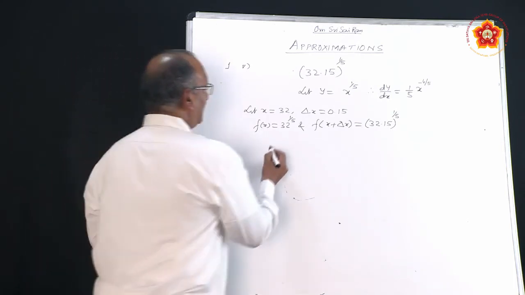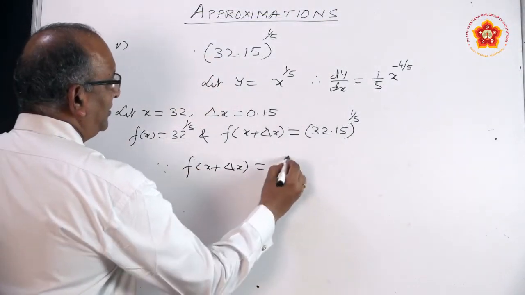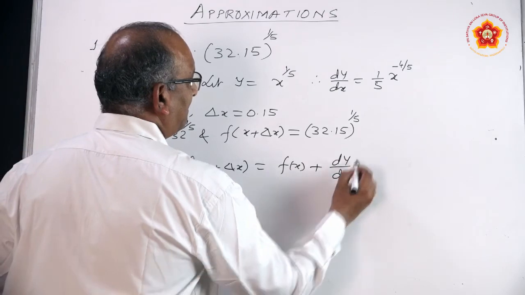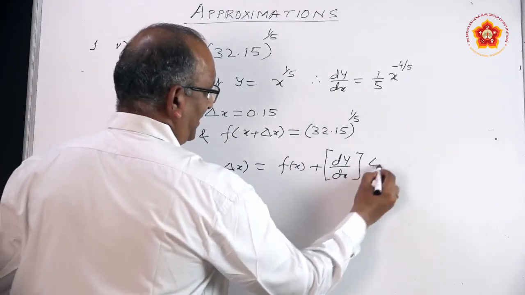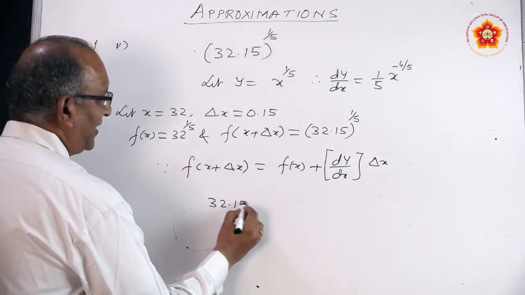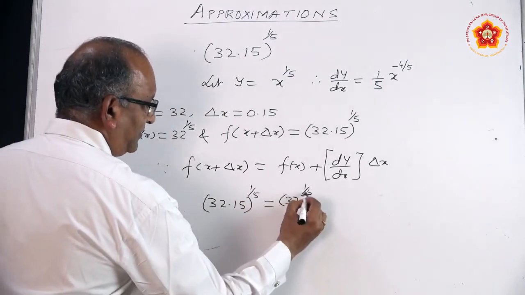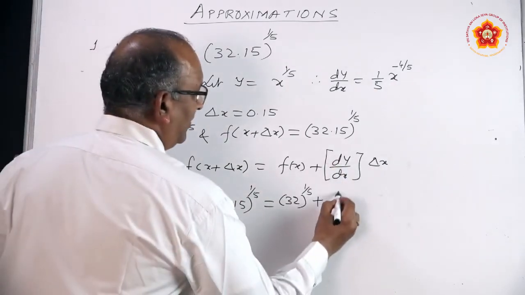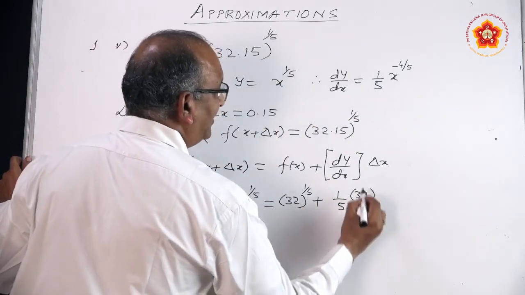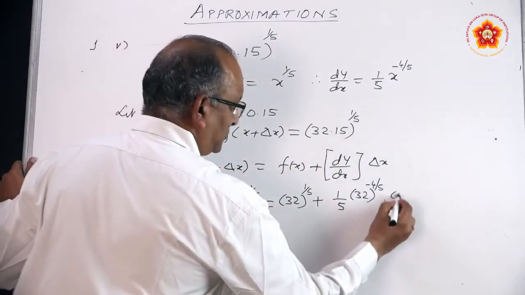What is the formula? f of x plus delta x is equal to f of x plus dy by dx into delta x. f of x plus delta x is nothing but 32.15 to the power 1 by 5, which is equal to 32 to the power 1 by 5 plus dy by dx, 1 by 5 x, substitute the value of x, x is 32, to the power minus 4 by 5 into delta x, which is 0.15.